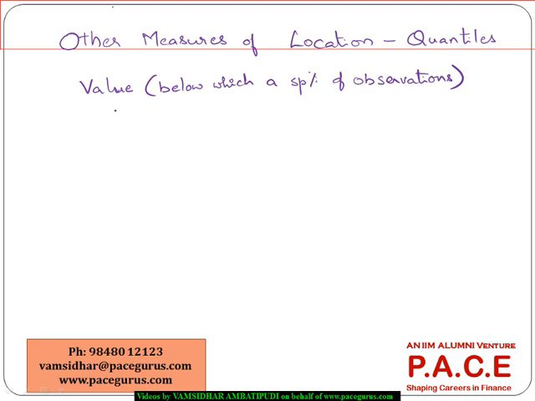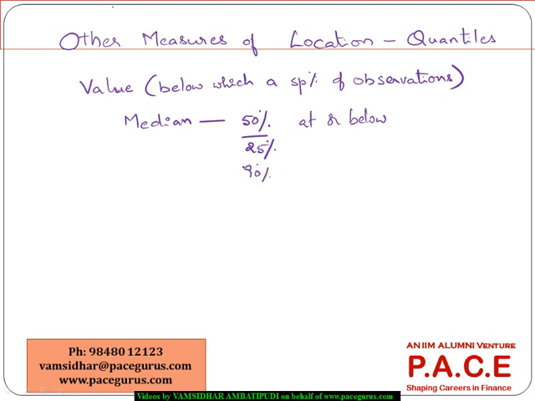When I am talking about the median, it's that particular value at or below which 50% of the observations are going to lie. Similarly, I might want the point below which 25% of the observations are going to lie, or 90% of the observations.